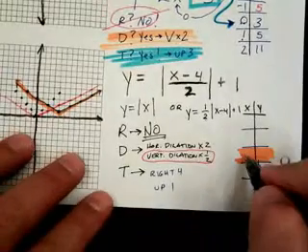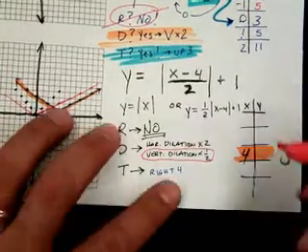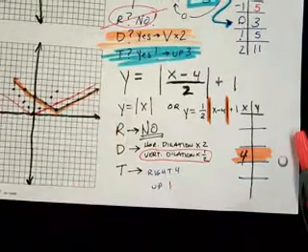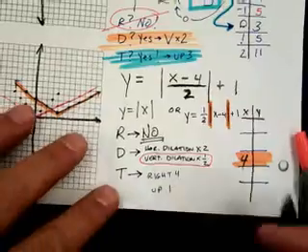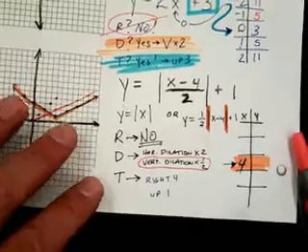Why the heck would I use 4? You want to look inside the parent function, inside the absolute value bars. Ignore everything else. Just look inside those bars. What would you put in for x there to produce 0? Of course, 4. So 4 is where you make your vertex in the middle of the table of values.